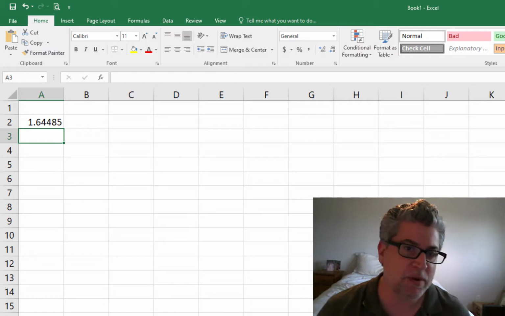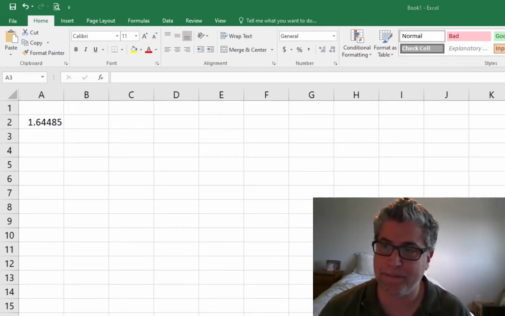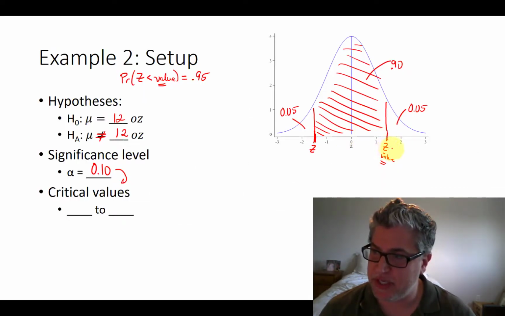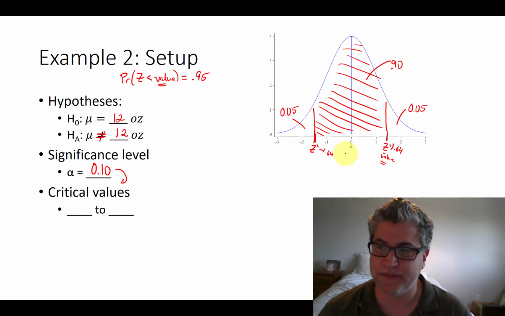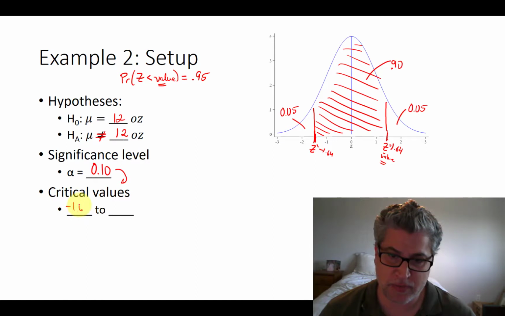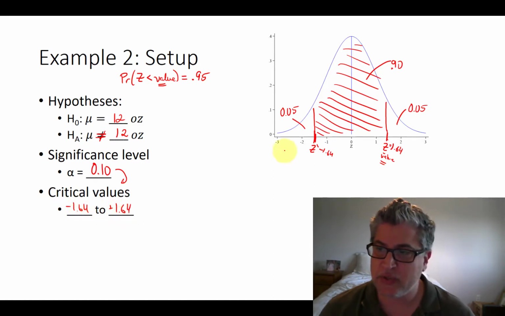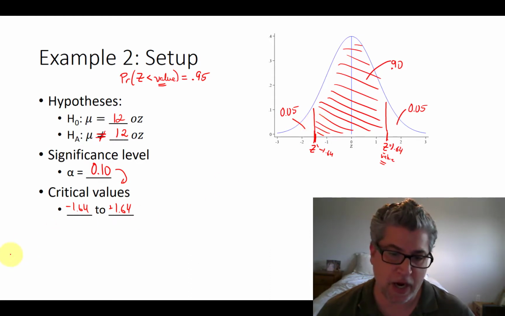So 1.64. Let's use that. So this particular value of z is 1.64, which means this guy here is negative 1.64 because this is symmetric around 0. All right, so let's write that down. We got negative 1.64 to positive 1.64. These critical values determine our acceptance and rejection regions.